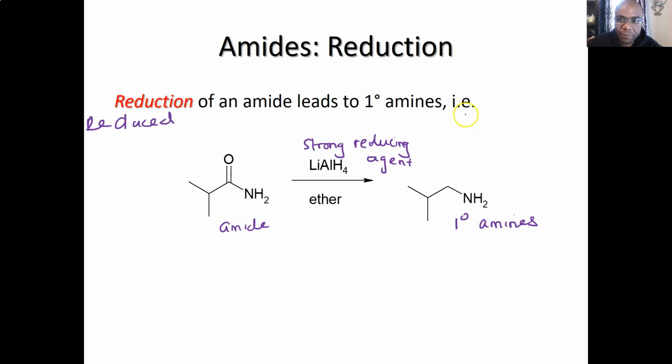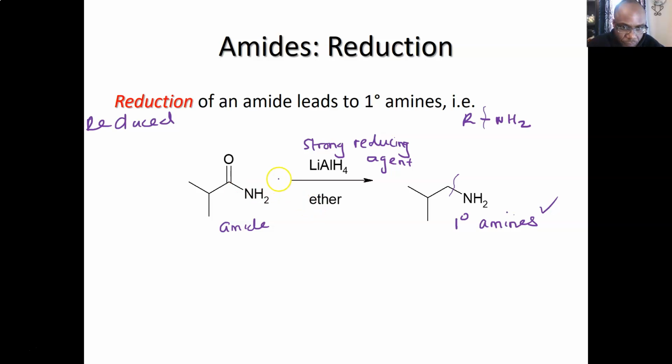This is a primary amine because you have one R group on the nitrogen. There's no carbonyl, so it's not an amide, it's an amine. This whole group is the R group, so it's primary. There's only one R group on the nitrogen, primary amine.